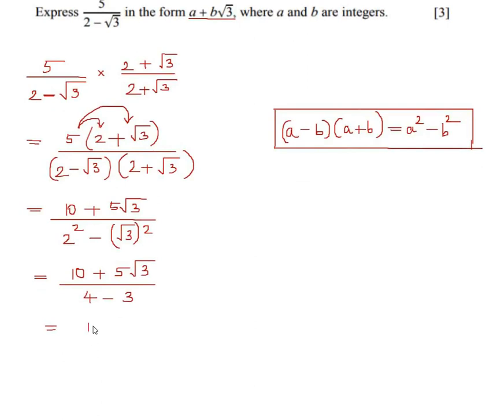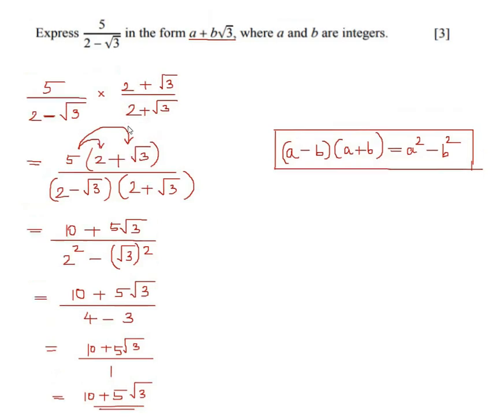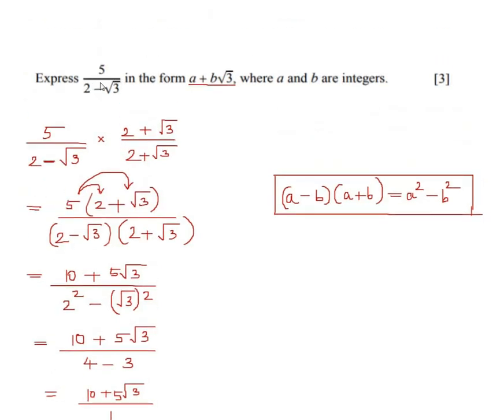So it becomes 10 plus 5 radical 3 over 4 minus 3 is 1. So we simply write it as 10 plus 5 radical 3. This is how we solve this kind of Surd.